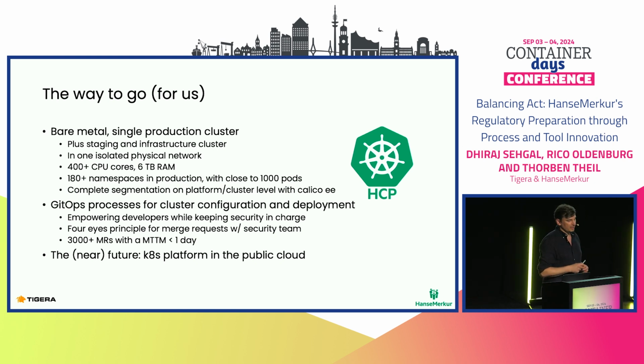And that works very fine for us right now. We have about 3,000 merge requests in the last three and a half years, with a mean time to merge under 1 day, which is already very fast in insurance terms, but it also includes draft states and longer discussions about specific changes, so we are fine with that.